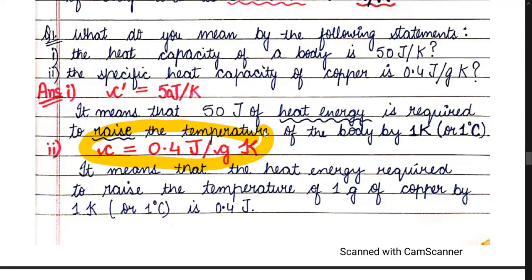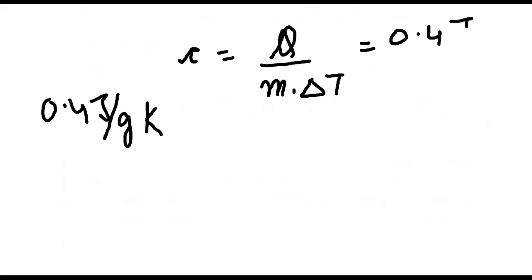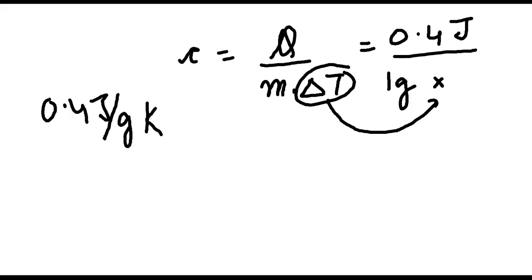First of all, the formula of C is equal to Q divided by mass into change in temperature. Students, C was given to be 0.4 joule per gram Kelvin. That means heat energy is 0.4 joule, mass is 1 gram, and the rise in temperature is 1 Kelvin.